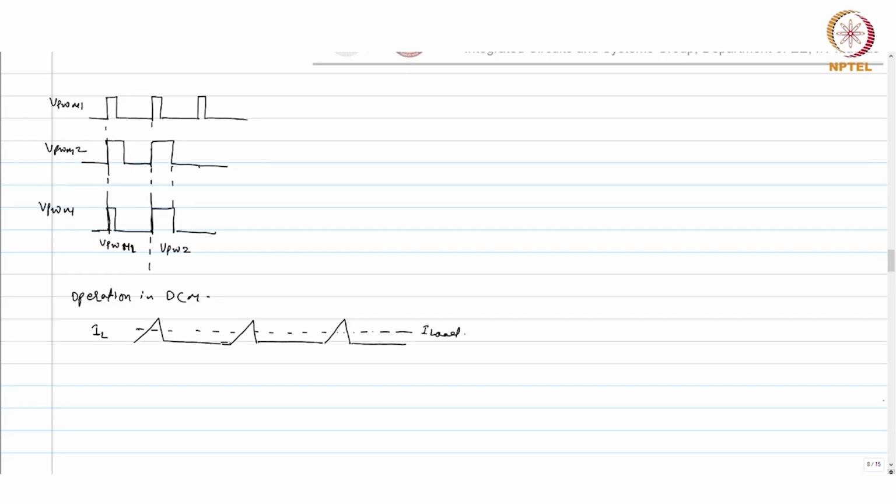That is the load current. I am doing nothing here in between, because during this time your inductor current is 0. So I can utilize this and deliver current to the other output, because the inductor is resting during this time. So I can do it like this, and make this one high for load 1.